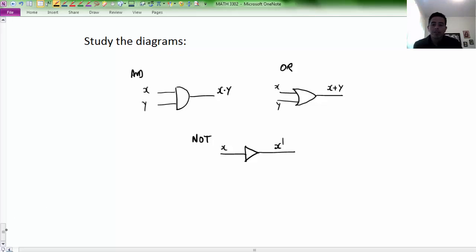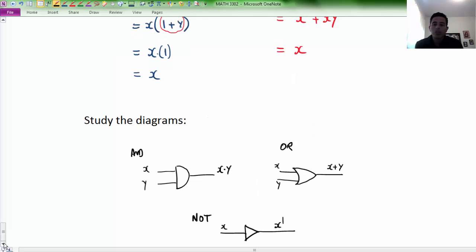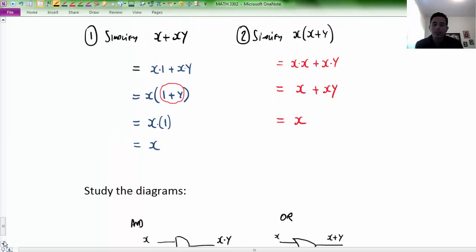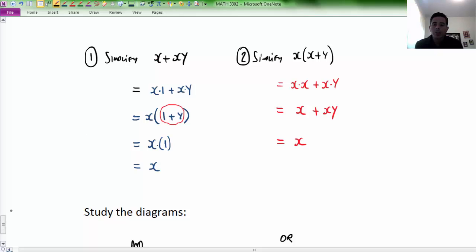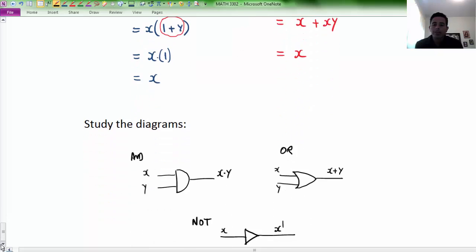And we can do any Boolean formula expression can be drawn using this diagram. So, for example, that one, x plus x times y.